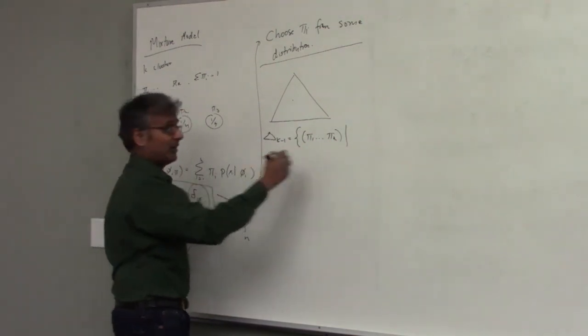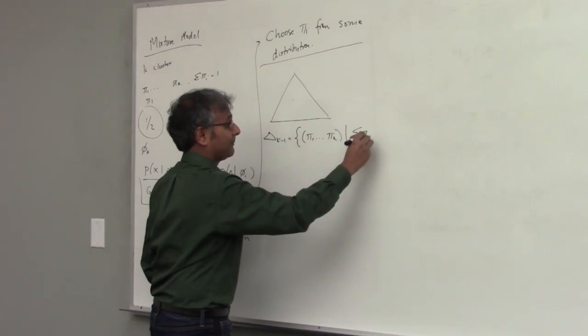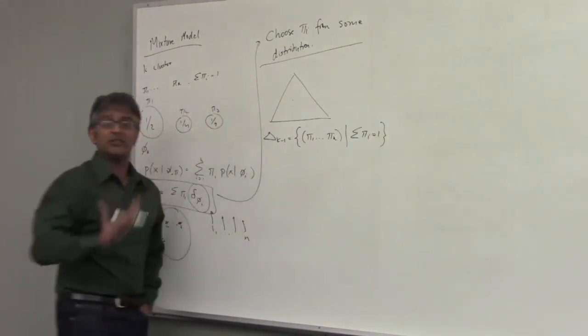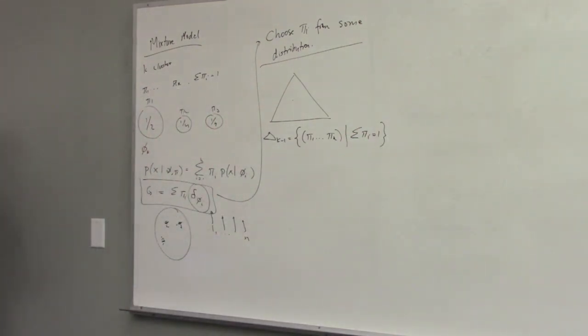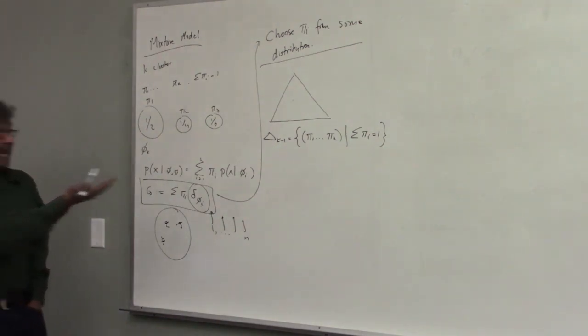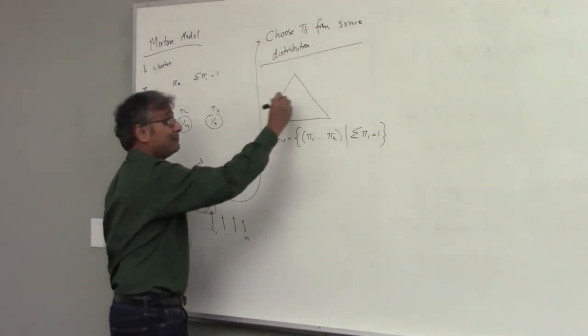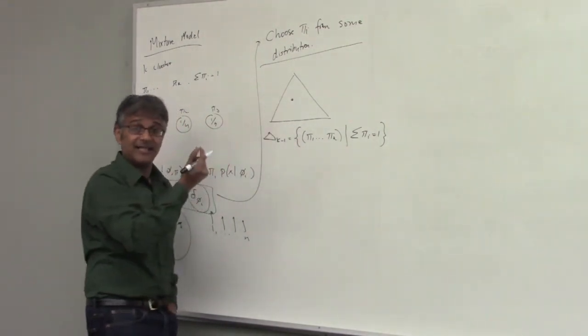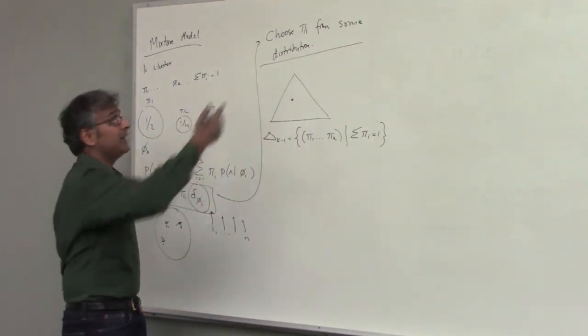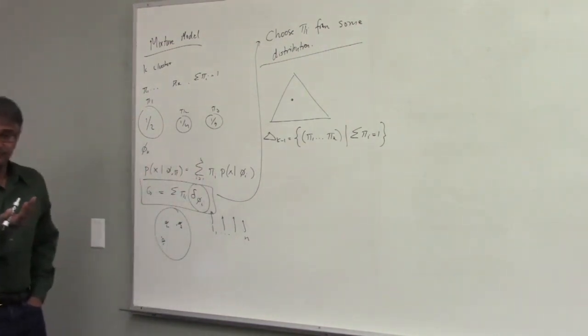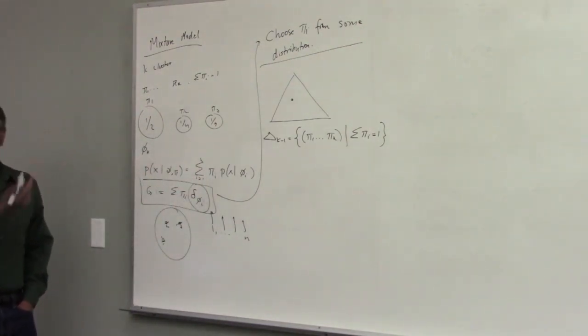I put the k minus 1 because I'm going to put one constraint on them. So it's actually a k minus 1 dimensional space. And that's exactly the space we want to sample from, because any point in this space can be reinterpreted as a distribution, in particular as a multinomial.